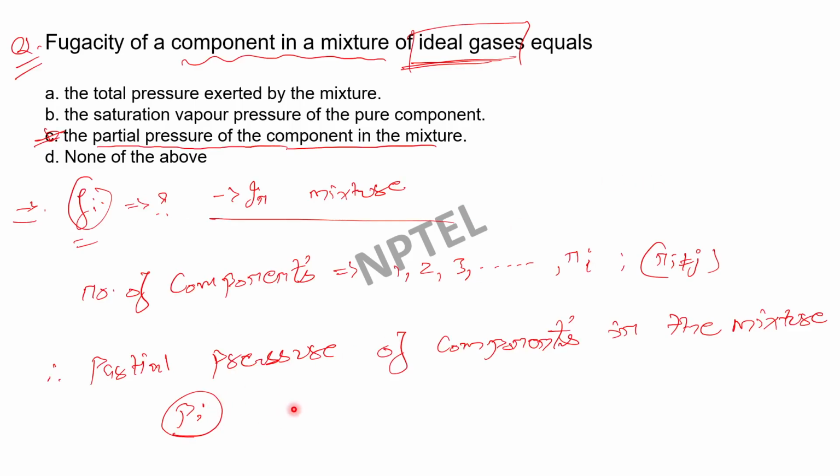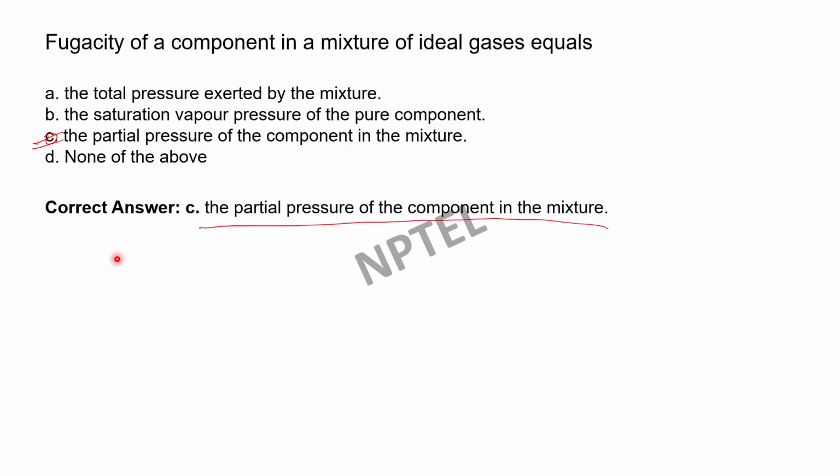So pi is x1 P1, x2 P2, x3 P3 and so on. This is related to the concept we discussed at the start of the lecture. So the fugacity of the component in a mixture of an ideal gas equals the partial pressure of the component in the mixture. We'll move on to the next question now.